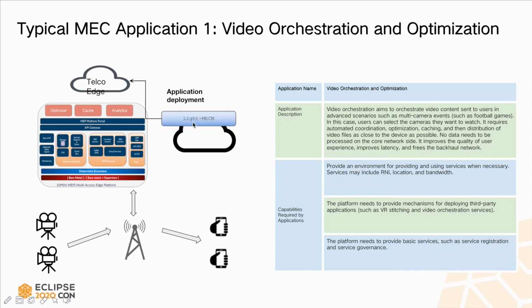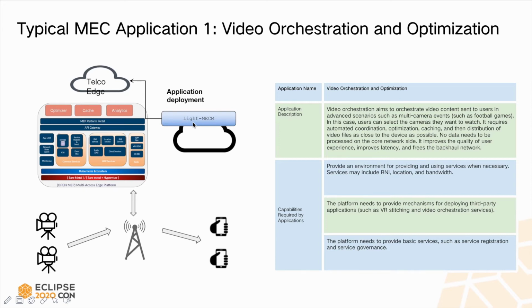The basic capability required by this scenario is the network capability provided by 5G. For example, the radio network information, the location, and the dynamic bandwidth.